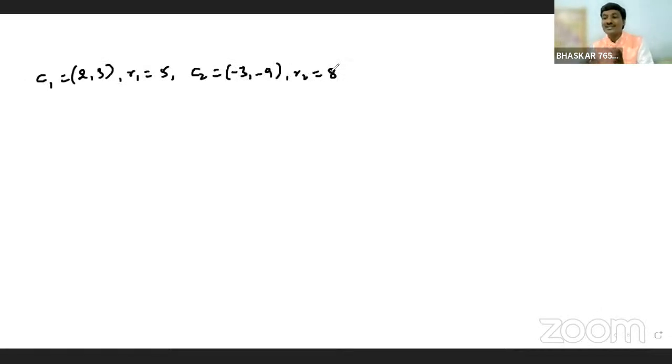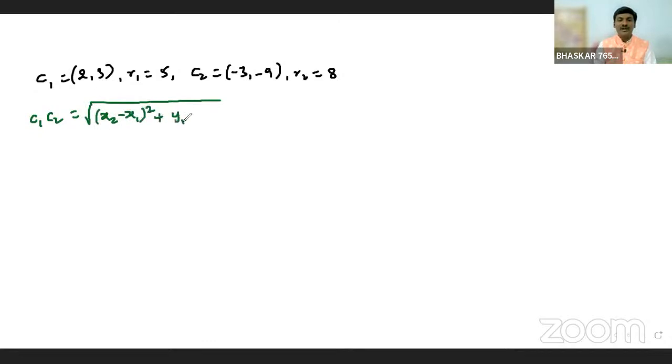Now what we have to prove? We have to prove that they touch each other. If they touch each other, then the C1 C2 distance is equal to the R1 plus R2 distance. Now I am finding the C1 C2 distance using the distance formula: under root of x2 minus x1 whole square plus y2 minus y1 whole square.